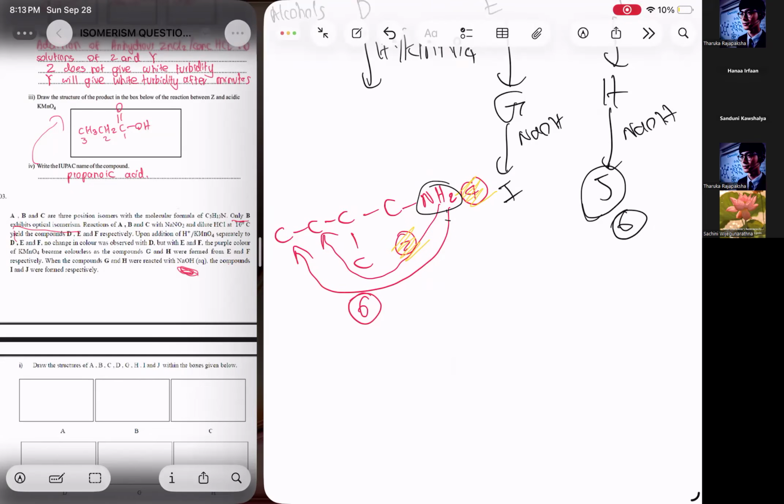Reactions of A, B, C with NaNO2 at 10 degrees Celsius form D, E, and F. Upon addition of H plus KMnO4, no color change was observed with D, but with E and F the purple color of the KMnO4 became colorless, forming compounds G and H. G and H were formed from E and F respectively. When compounds G and H were reacted with aqueous sodium hydroxide, compounds I and J were formed.